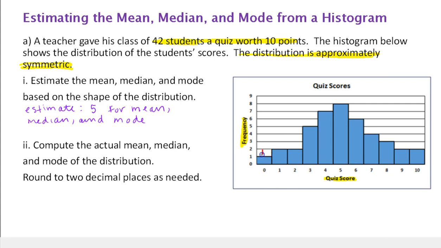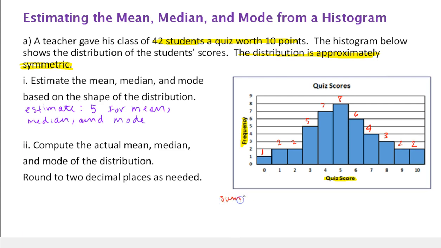So 1 person earned a 0, 2 people earned a 1, 2 people earned a 2, 5 people earned a 3, 7 people earned a 4, 8 people earned a 5, 6 people earned a 6, 4 people earned a 7, 3 people earned an 8, 2 people earned a 9, and 2 people earned a 10.